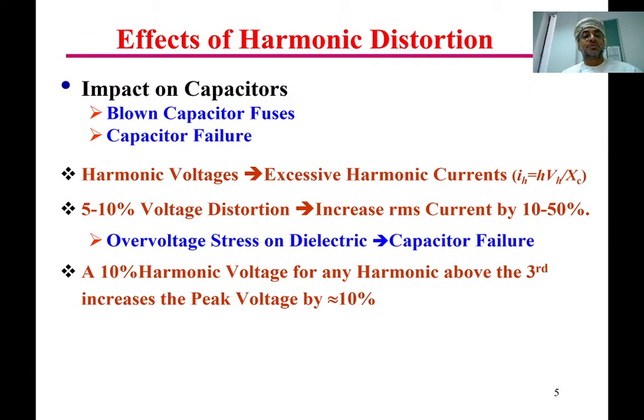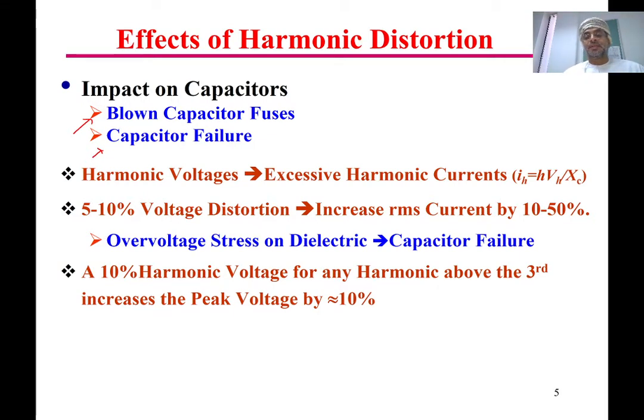Impact of harmonics on the capacitor bank. It can cause the capacitor to fail, and also cause the fuses connected with the capacitor to blow. The harmonic distortion will cause harmonic voltage.